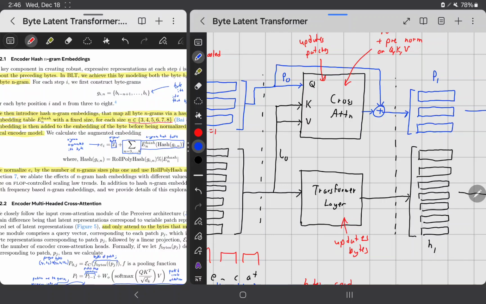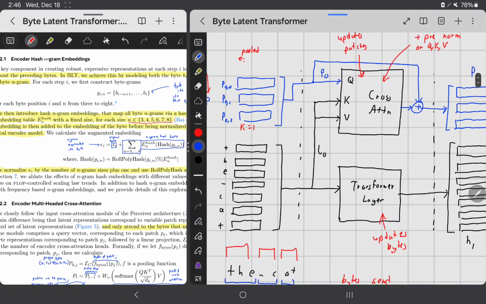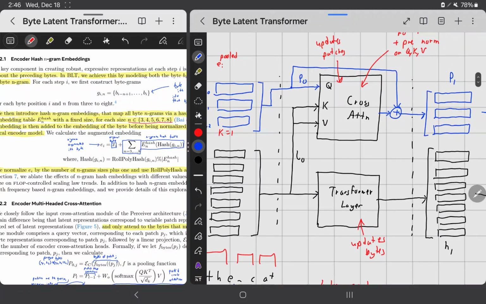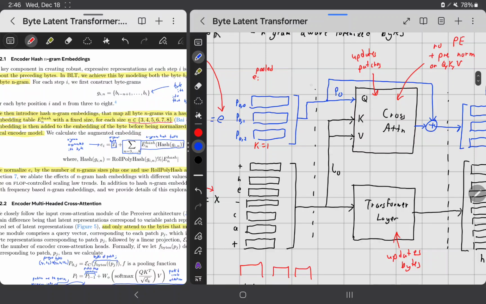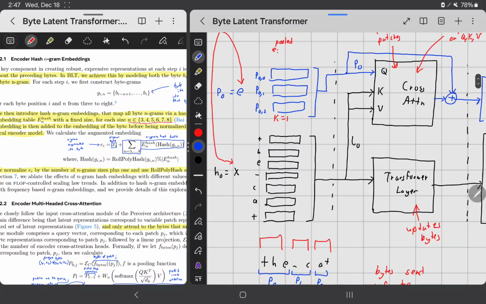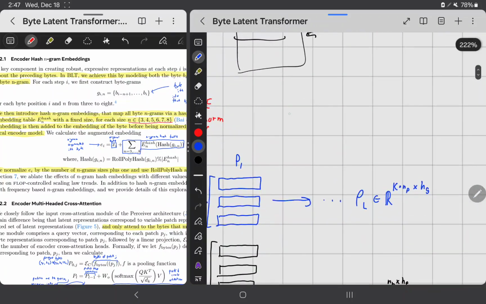This is just cross-attention. So basically you do cross-attention where specifically these are your queries and these are your keys and values. And if you note the attention formula, softmax of QK transpose times V, you will note that Q is of shape N by D. I'm going to make the dimension the same.